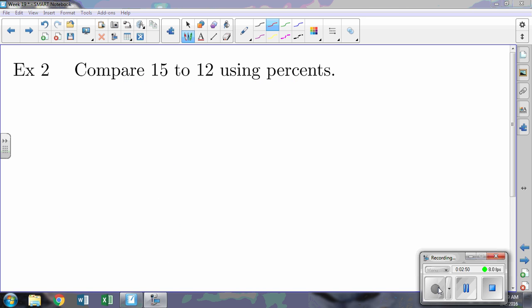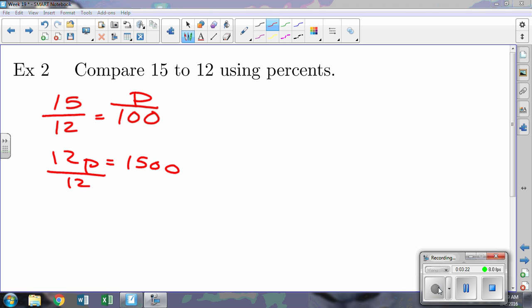Let's do something similar. Compare 15 to 12. So how is it different? We flipped the numbers around, and so we're not thinking of the proportion 12 over 15. Now we're thinking of the proportion 15 over 12. Cross multiply, we'd have 12p equals 1,500.